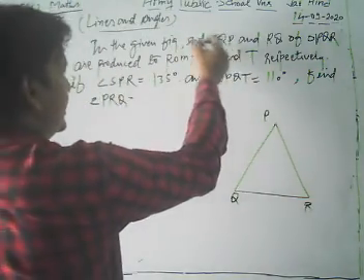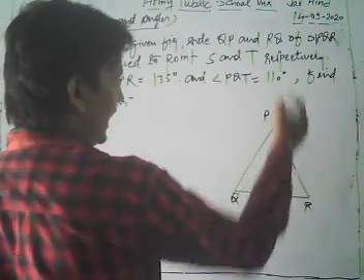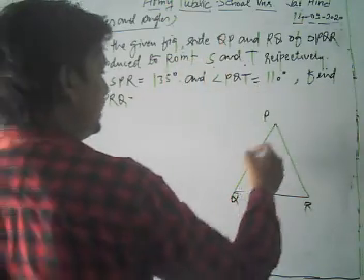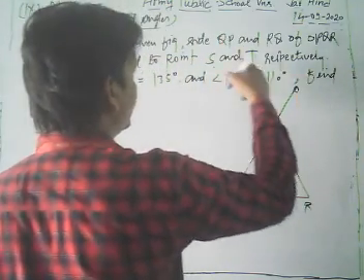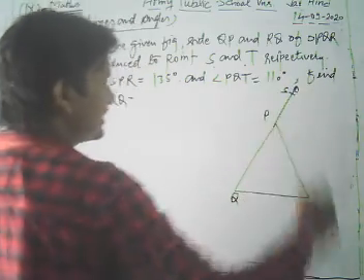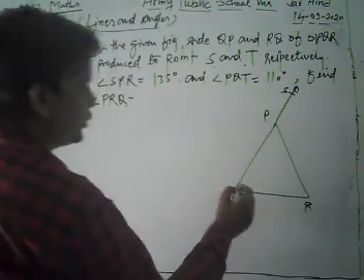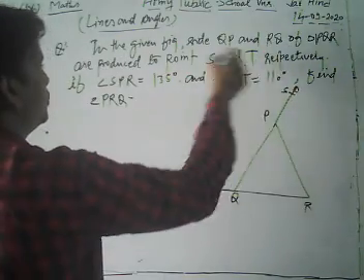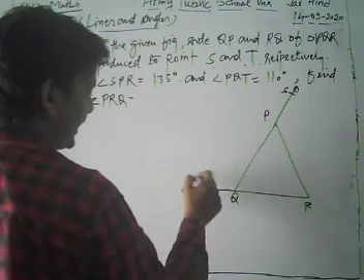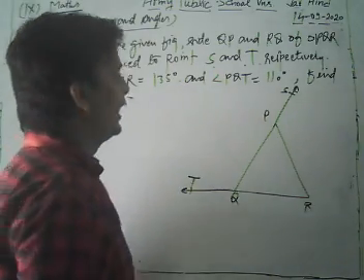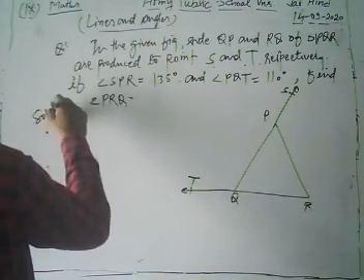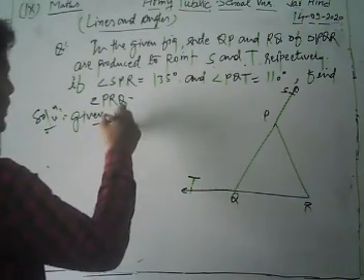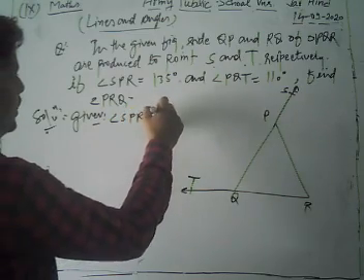Now the side QP is produced to point S, and the side RQ of triangle PQR is produced to point T respectively. Let's see its solution. What is given? Angle SPR is equal to 135 degrees.